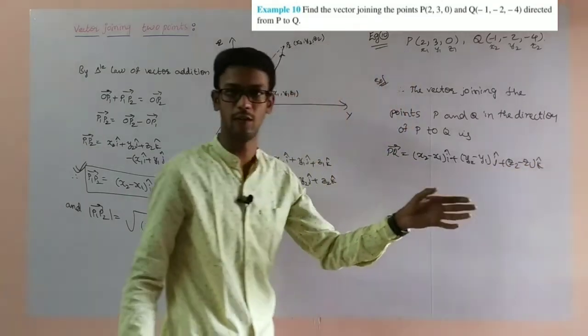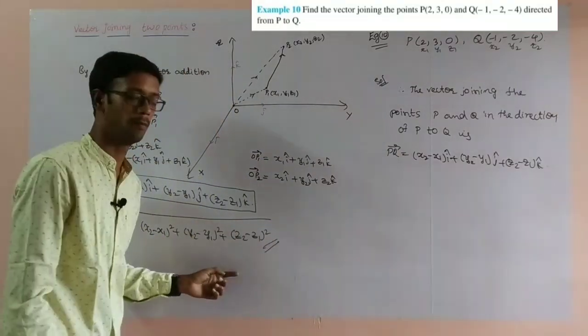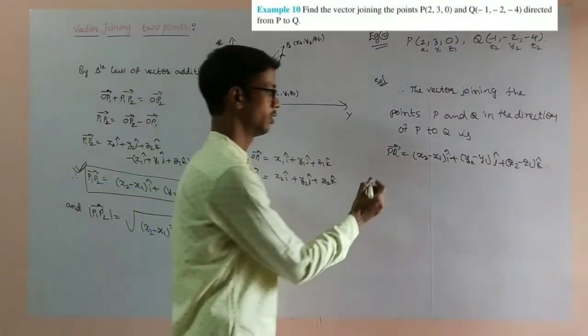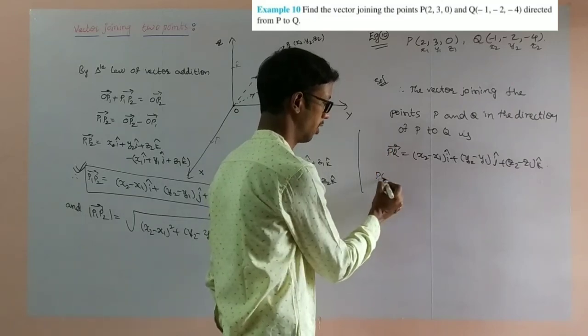Whole square is not there, sorry. If you take squares, that will become the magnitude. So here you just have to find your vector only.